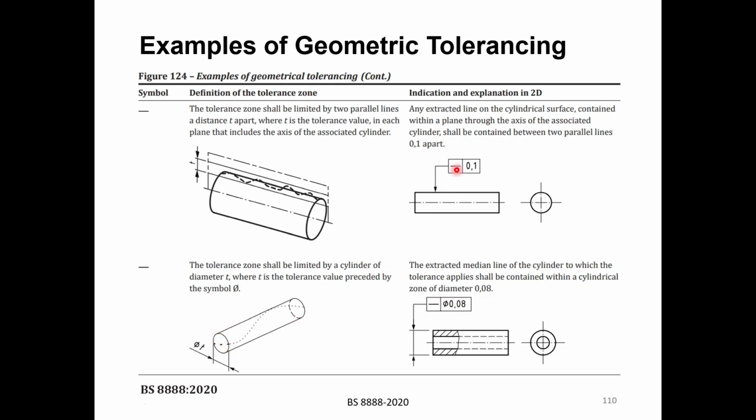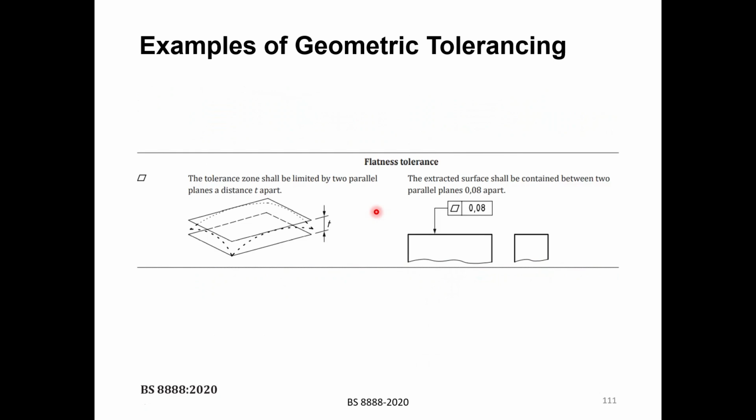Okay, but here we've considered this zone as two parallel lines because it's not preceded by phi or followed by a value. So the flatness of the surface here says the flatness of the surface should be within 0.08 mm, for example. So what we do here, we just imagine that we have two surfaces with a T value between them, which in this case is 0.08.